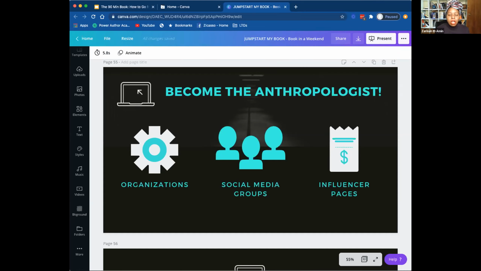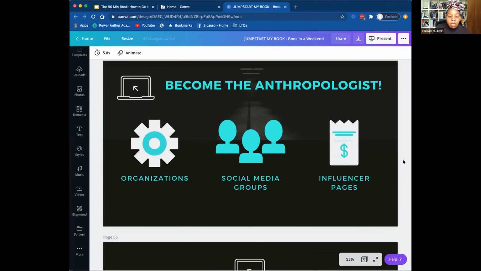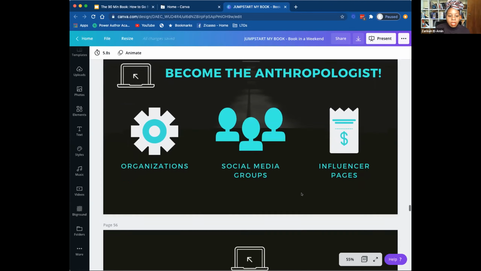People that have a large following, but not just any large following, a following that is your target audience. So becoming the cultural anthropologist means that these are three of our sources of where we're going to find our people.